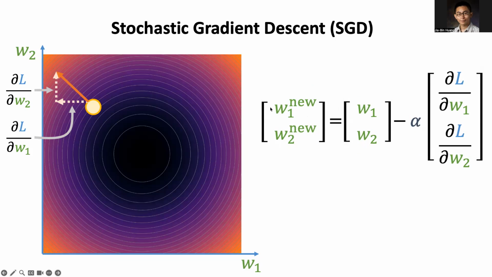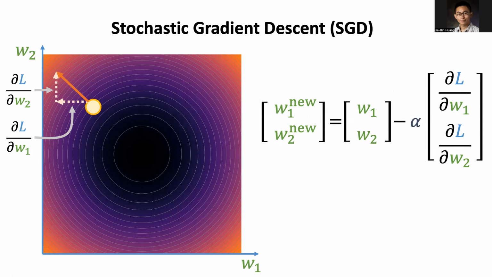You update by taking this minus alpha times the gradient direction. So this is the multi-dimensional case. I'm showing the two-dimensional case, but for models with billions of parameters, it's the same. You basically write this down as a vector.